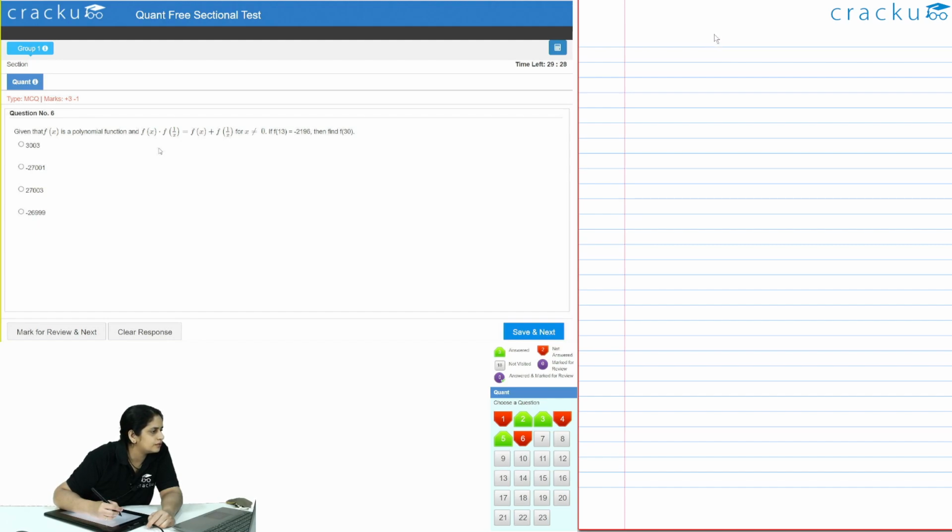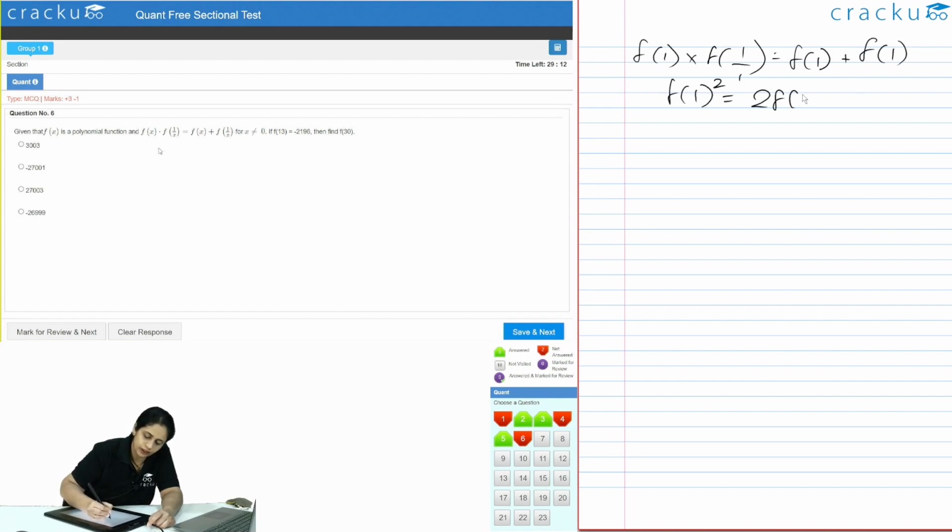So you can say f of 1 is how much? f of 1 into f of 1 by 1 is equal to f of 1 plus f of 1. So f of 1 the whole square is equal to 2f of 1, which means that f of 1 is equal to 1 or 2. Similarly, I can say that f of 13 is equal to this much.